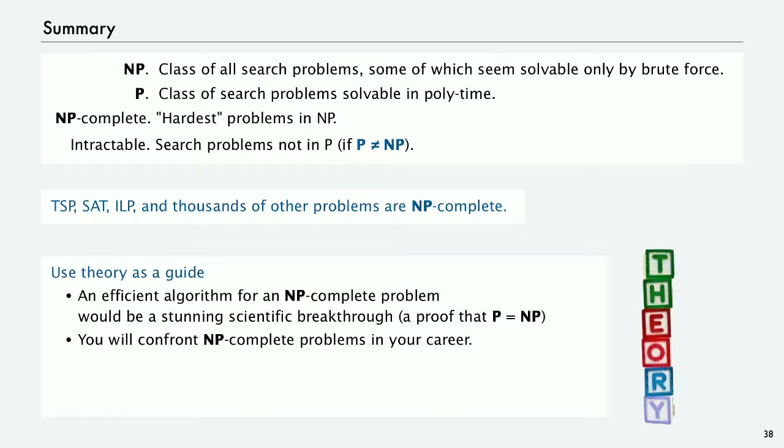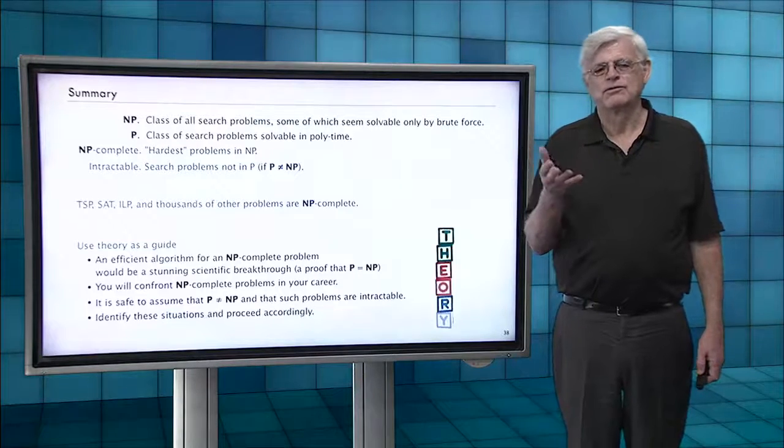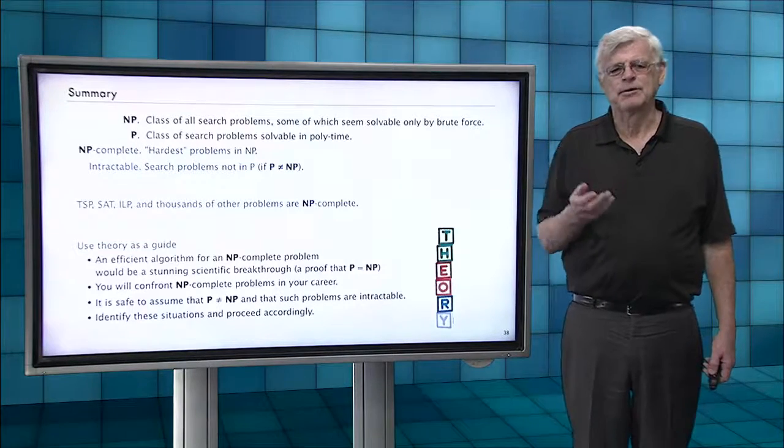And you should know that because you definitely will confront some NP-complete problems in your career. So it's pretty safe to assume that P is not equal to NP and that the NP-complete problem is intractable. And so what you want to be able to do at a minimum is identify these situations and proceed accordingly. And we'll talk about ways of doing that in the next segment.